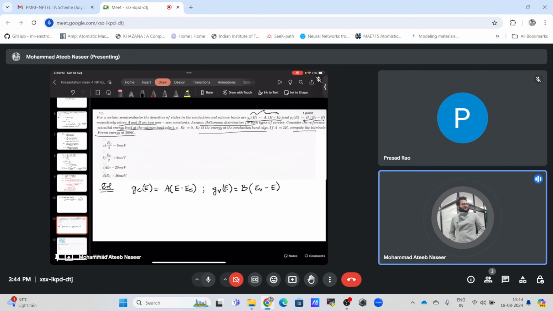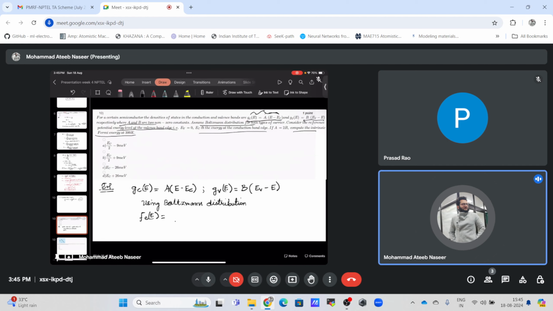Now, we have been told to use the Boltzmann distribution for both types of carriers. So for the electrons, it is simply 1 divided by... sorry, we have not used the Fermi, we have to use the Boltzmann.